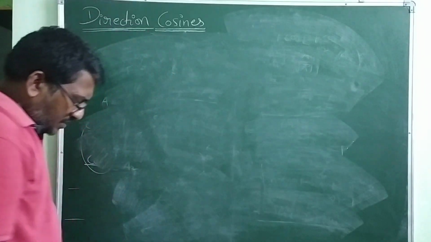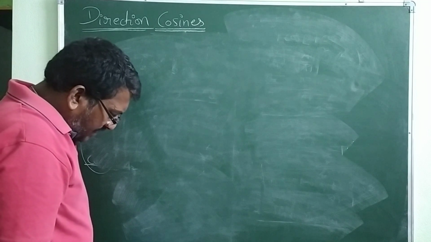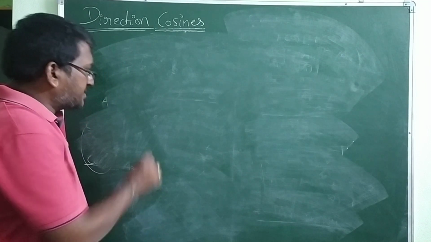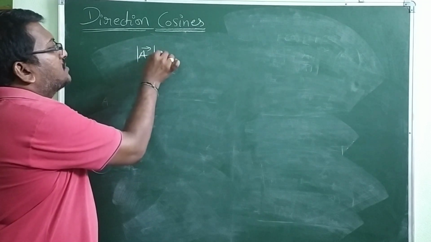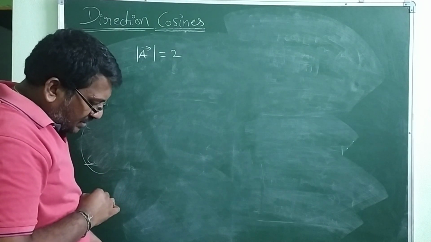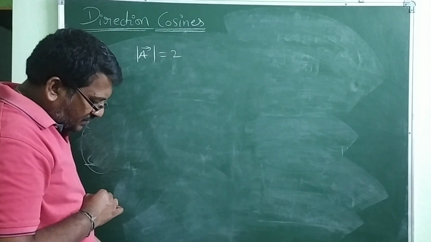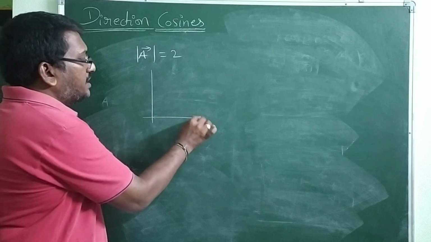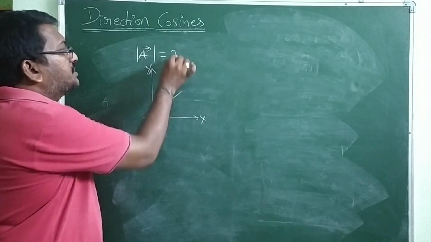A vector p bar of magnitude 2 units makes an angle 45 degrees with the x-axis and 60 degrees with the y-axis. Find the vector. Given, for example, a vector whose modulus is 2 units, that makes an angle 45 degrees with the x-axis and 60 degrees with the y-axis. Here this is the x-axis and this is the y-axis. Its magnitude is 2.